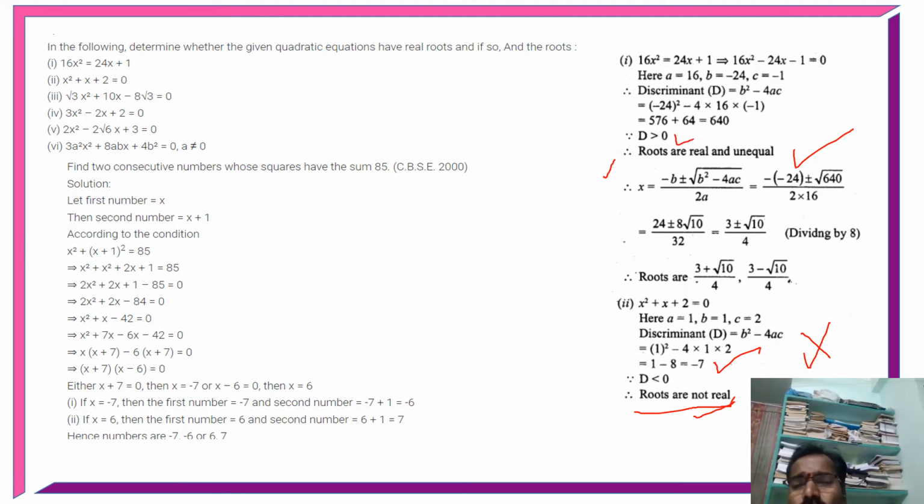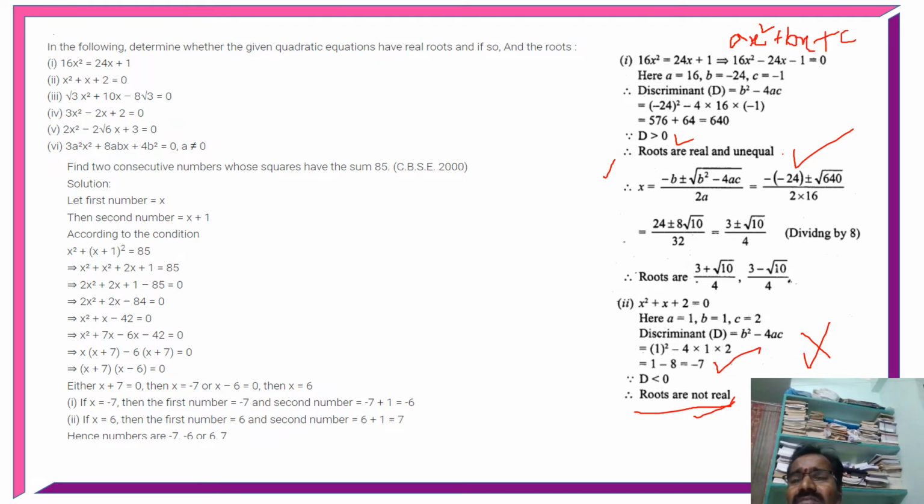If it is greater than 0, roots are real and unequal, and we'll apply the quadratic formula: minus b plus or minus root of b square minus 4ac, over 2a. The standard form of a quadratic equation is ax square plus bx plus c equal to 0.